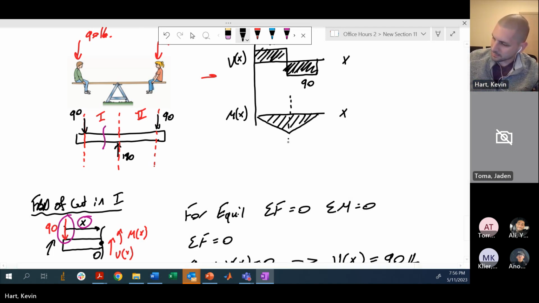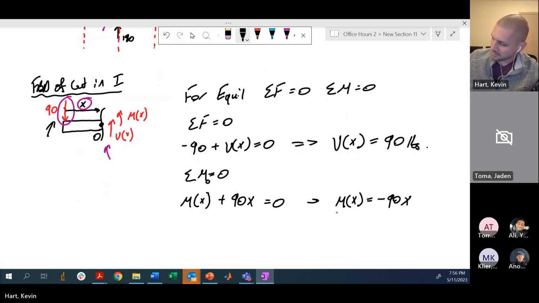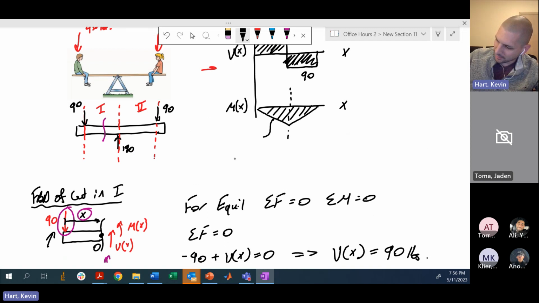Here, this is my equation, Mx equals negative 90x. Understand that? This is the equation, M is negative 90x. The downward linear line with its origin at 0.